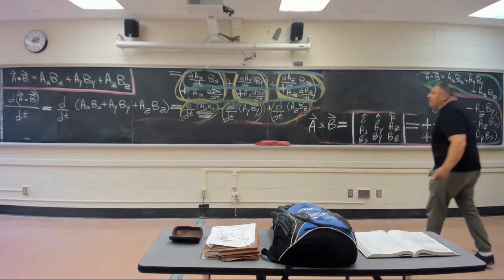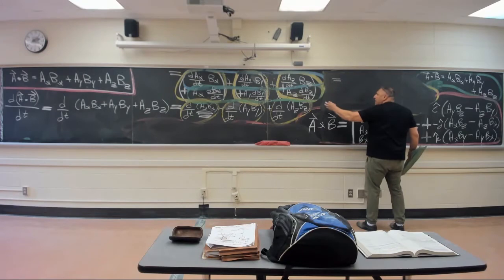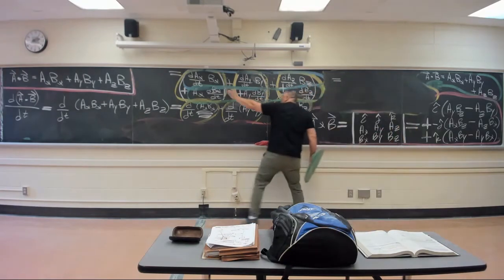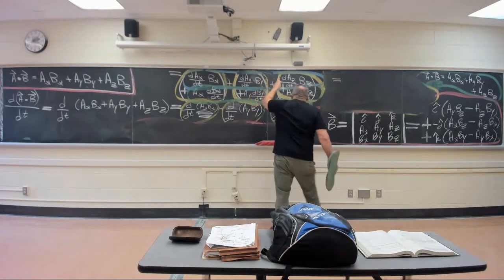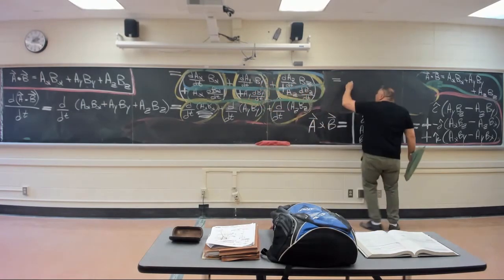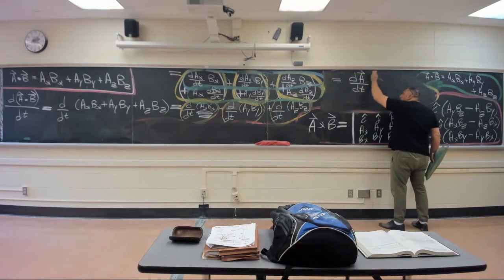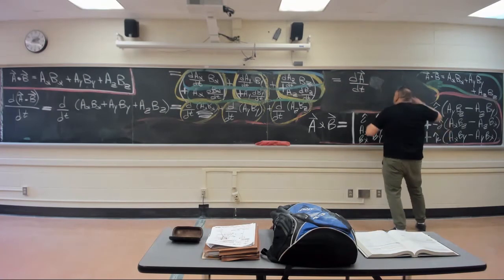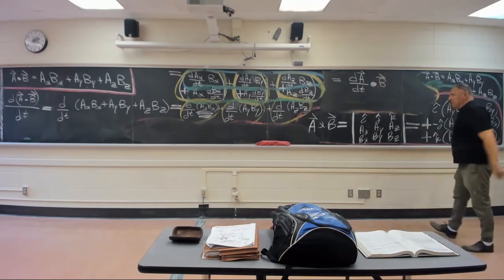What happened? Well, we just said what happened, basically. It was rather long-winded, but all the top business right here, da_x/dt b_x, da_y/dt b_y, da_z/dt b_z, is basically this: dA vector/dt dot B vector.